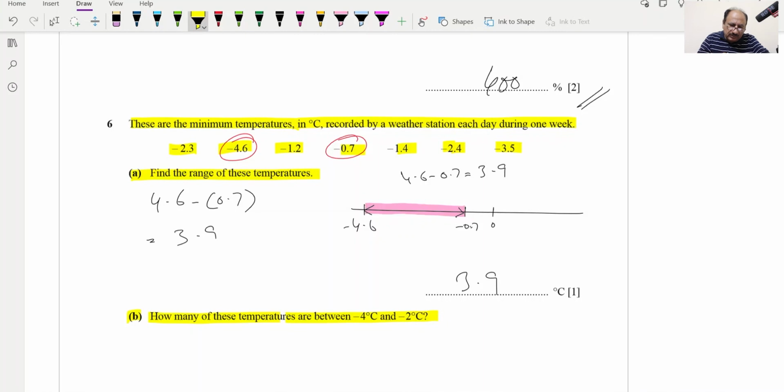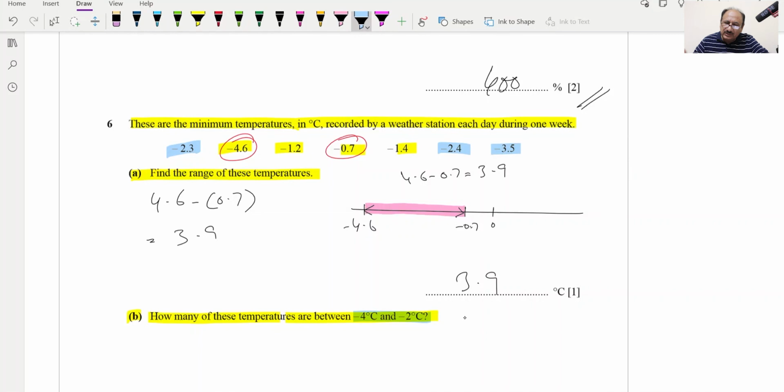If we check basically, this number, minus 2.3, is in between these two numbers, and minus 2.4 is also in between these two numbers, and the next one is minus 3.5.